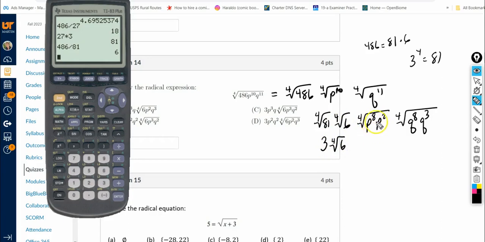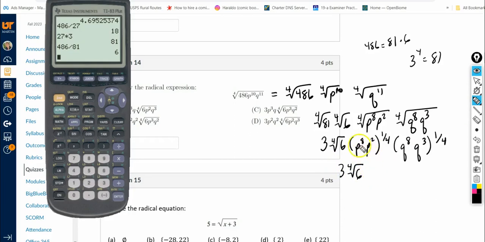And here, I might change these now to the 1/4 power. And same thing for that. Okay, so let's see what happens. And again, these are actual final exam questions.